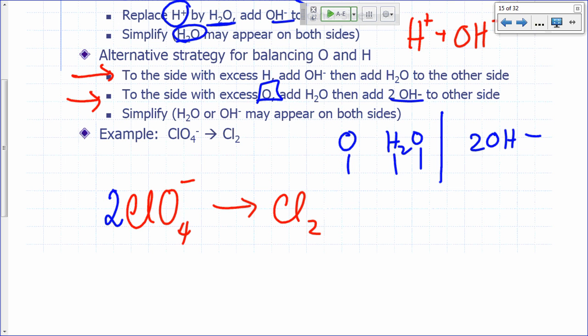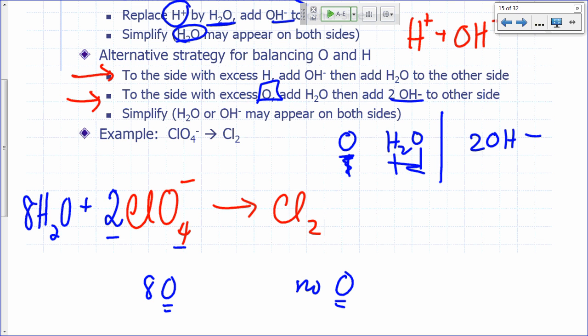Left or right? 2 times 4, I have 8 oxygens here, right? No oxygen here. So how many waters do I add to the left side? Every oxygen extra, I add a water. So I add 8 water to this side. And then what do I add to the other side? Twice as many hydroxide. So 8 times 2, 16 hydroxide.